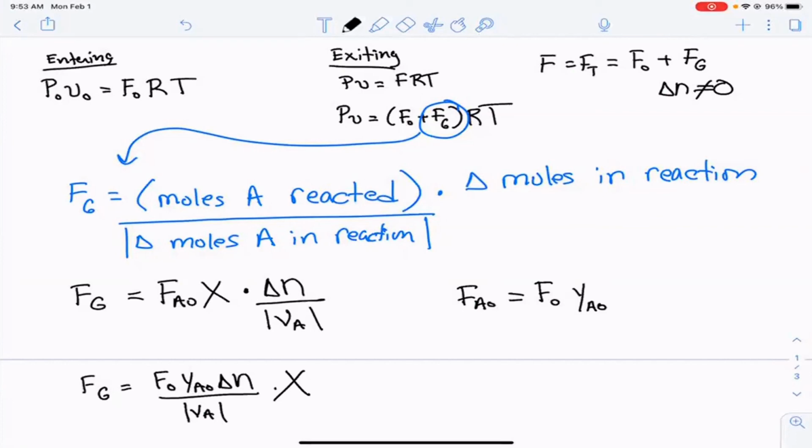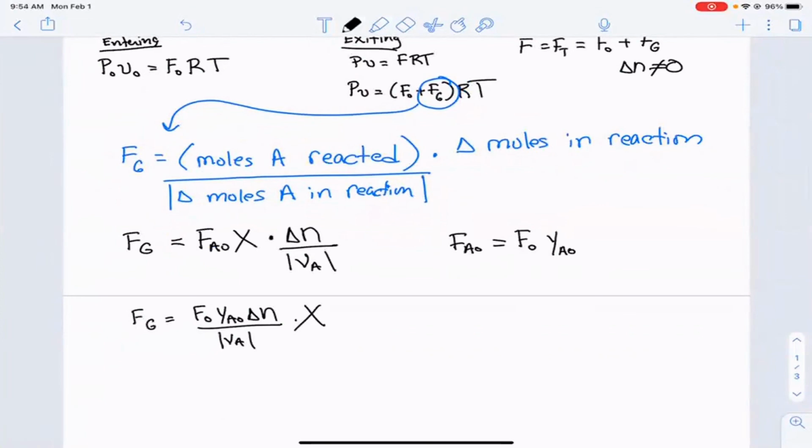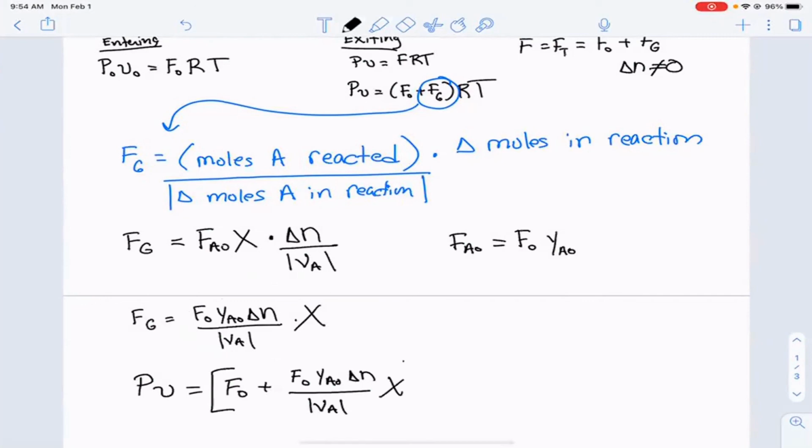Okay, and I'm going to put that in this equation above, where PV equals F0 plus Fg times RT. And here, I want you to see how that works. So when I do that, PV equals F0 plus now this thing, which was Fg. So that's F0 YA0 delta N over the stoichiometry of A times the conversion times RT.